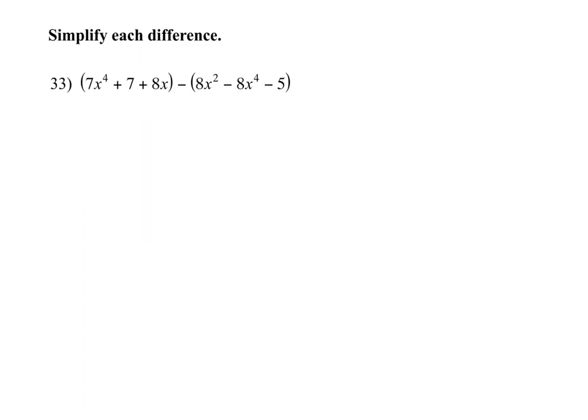Some people prefer to change this to adding the opposite because they like addition better. You do that by leaving the first guy completely alone, changing it to plus, and then changing every single sign in the second group. Positive 8x becomes negative 8x squared, negative 8x to the 4th becomes positive 8x to the 4th, and negative 5 becomes positive 5.